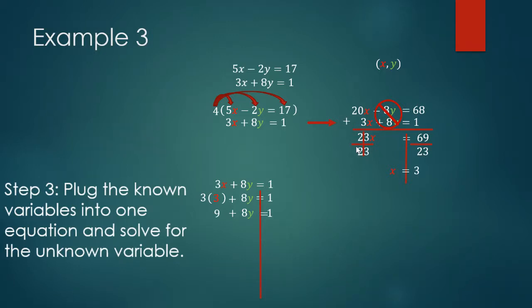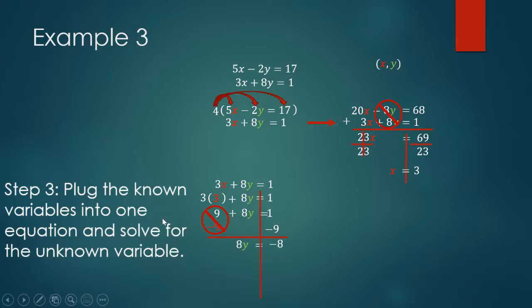Now I'm going to try to isolate the y. So the farthest thing from it is going to be my 9. And I know this is a positive 9. So I'm going to have to do the inverse, which is minus 9. If I subtract 9 from one side, I have to subtract 9 from the other side. Draw my line. 9 minus 9 is 0 pair. And I'm going to drop my 8y. 1 minus 9 is going to be negative 8.